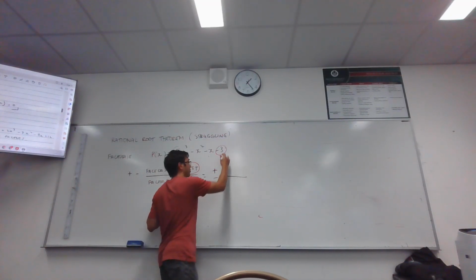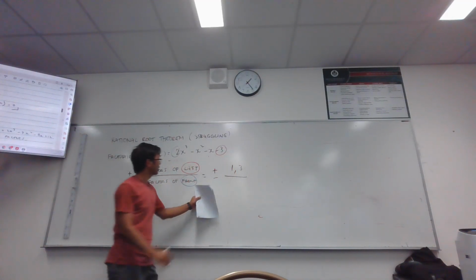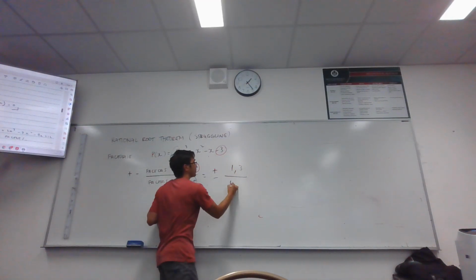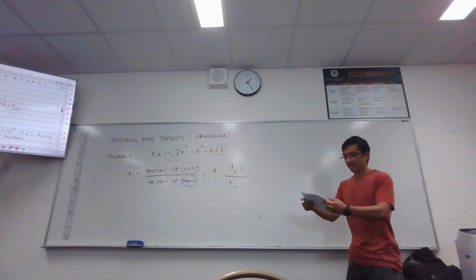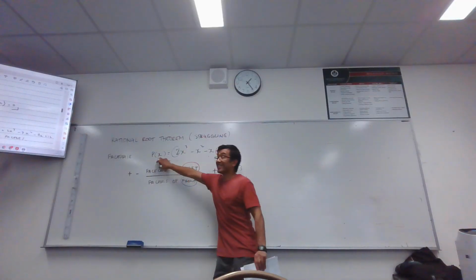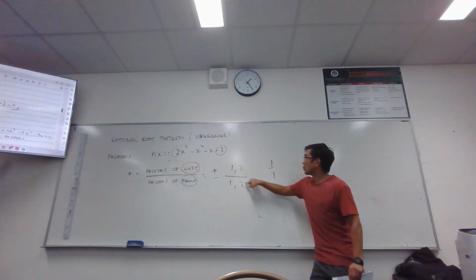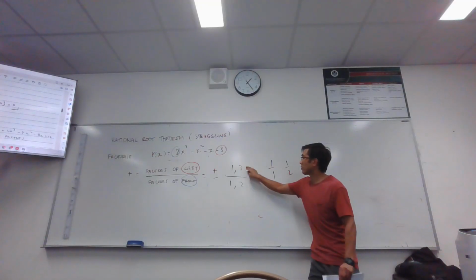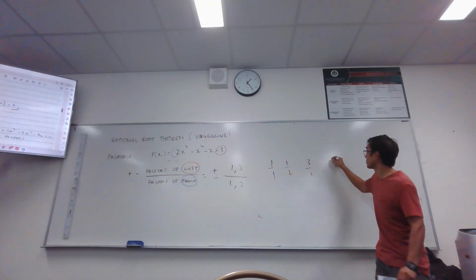What are the factors of 3? 1 and 3. Of 2. 1 and 2. What we're trying to say here is our root, the thing that we put in here, could be 1 on 1, 1 on 2, 3 on 1, or 3 on 2.